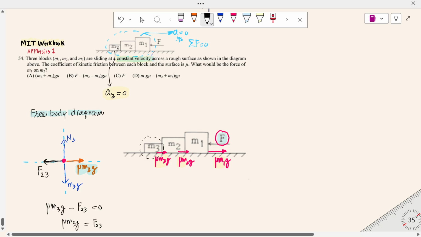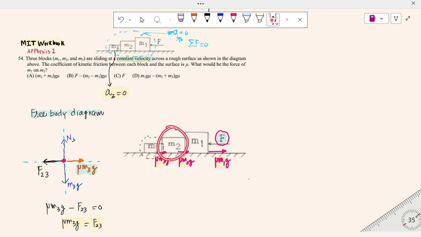Why is it important to draw this free body diagram and then make an equation? Because we will use this value of F23 in the next free body diagram of m2. And don't forget what we want to find out, the force applied by 1 on 2.